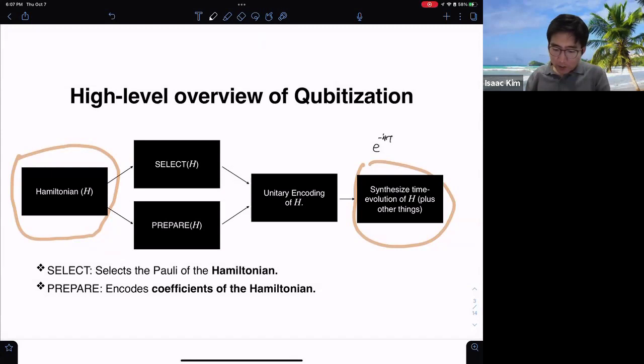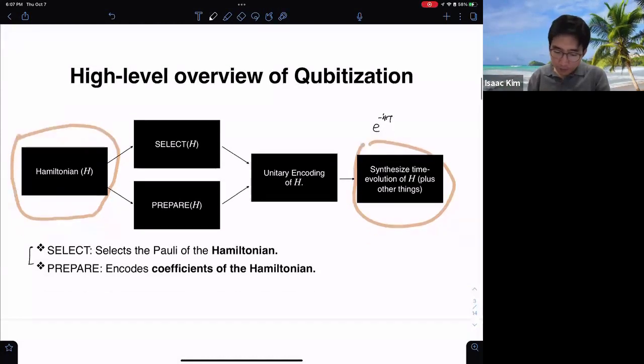The way this works in the framework of qubitization is that given the Hamiltonian, you first construct the analogs of the select and prepare operations that we discussed in the last lecture.